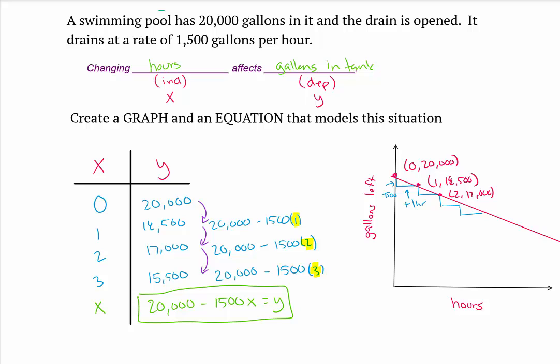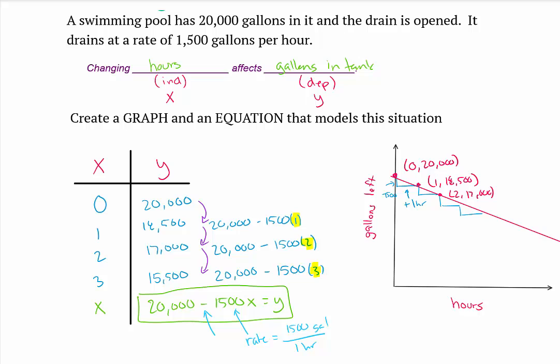It's a decreasing relationship, and it's decreasing because of the fact that we're subtracting. This 1,500, that is our rate, which is 1,500 gallons every 1 hour. And we saw that in our slope, which is a rate of change.